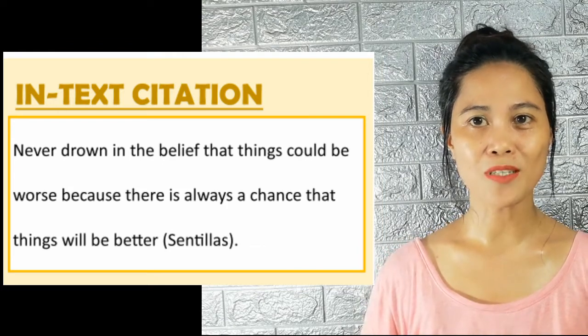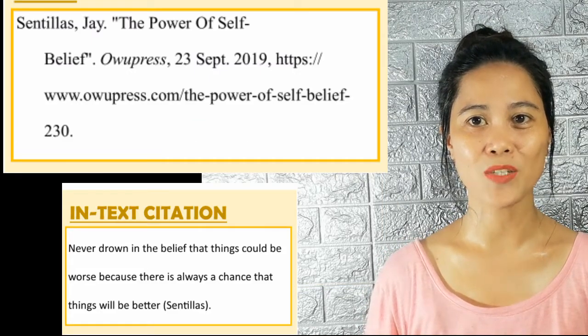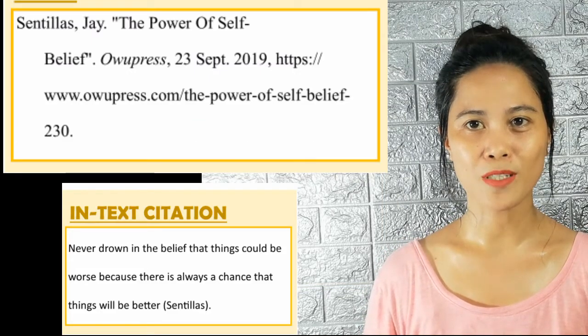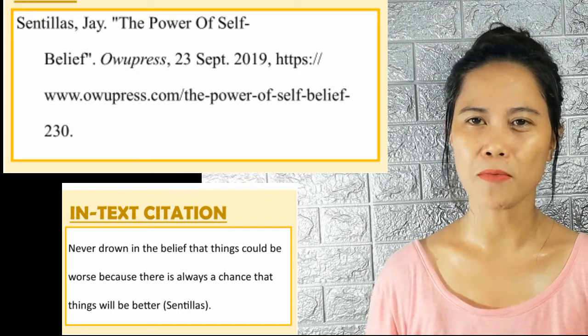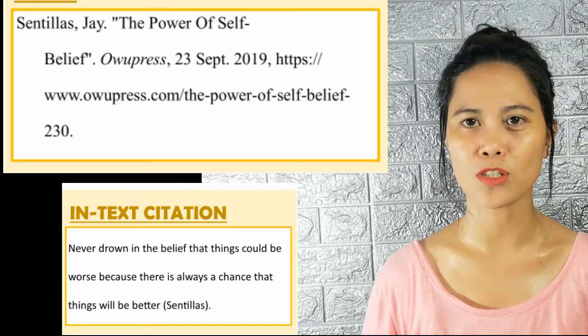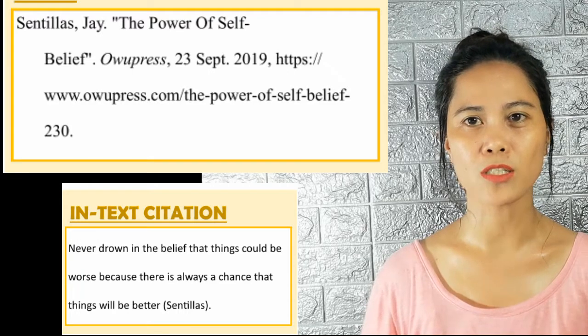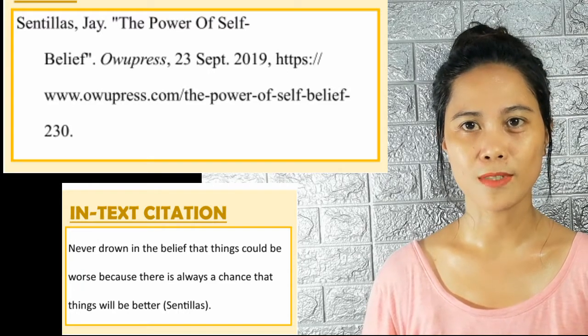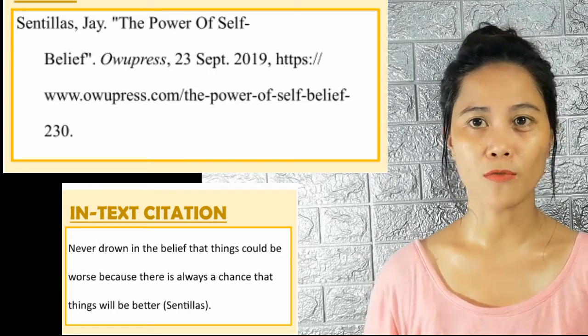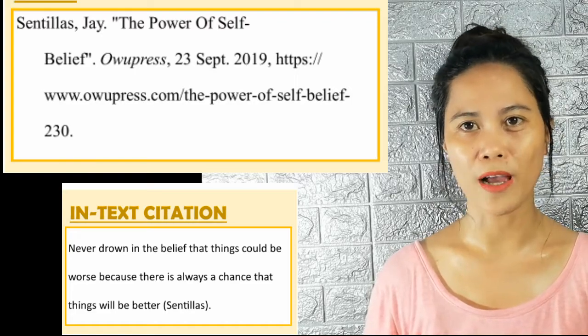For citing references for the bibliography, that is actually the full reference citation. That would include the name of the authors, the date of publication, the title of publication, the publisher. If it's online, it includes the URL.